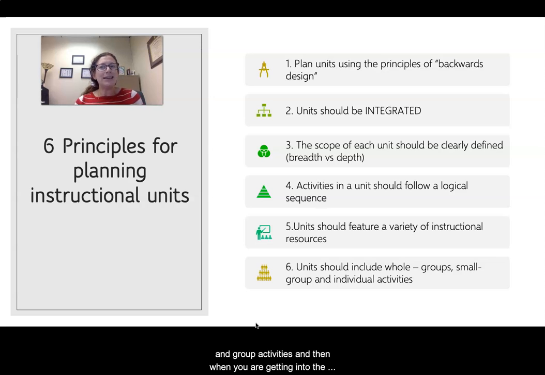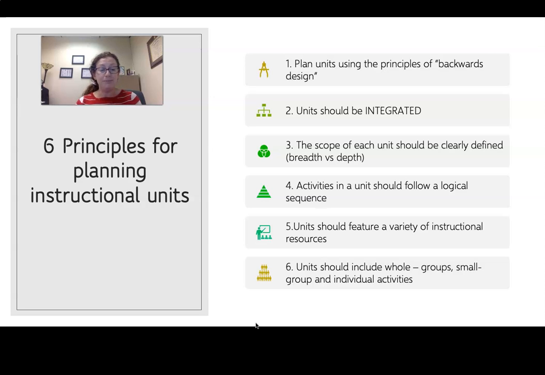And then when you're getting into the much higher levels of Bloom's taxonomy, that might be when you're doing more individual or partner type activities. Like from the beginning of this lecture, when I mentioned students creating a map of their own country, that might be a more individual type of lesson versus when all students need to learn where the poles, the equator, and a map key are.